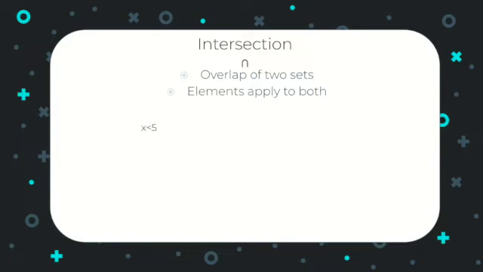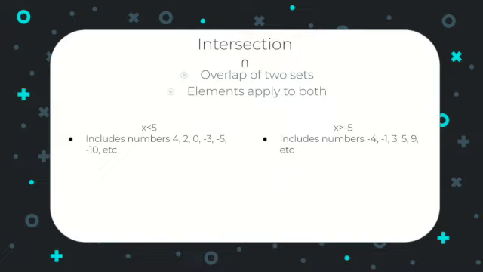So let's take a look at another example here. x is less than 5. So these numbers are like 4, 0, negative 10, etc. And we have x is greater than negative 5. So these numbers would include negative 4, 3, 9, and so on. All right.